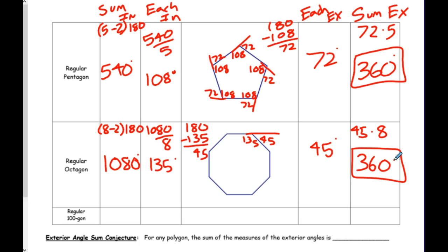So here's what we're going to write for 100 sides. 100 minus 2 times 180. Okay, we could figure that out, right? We could divide it by 100. We could take that number and subtract it from 180. We could get that number over here, but in the end, we know it's going to be 360. So let's fill this in real quick. 17,640.